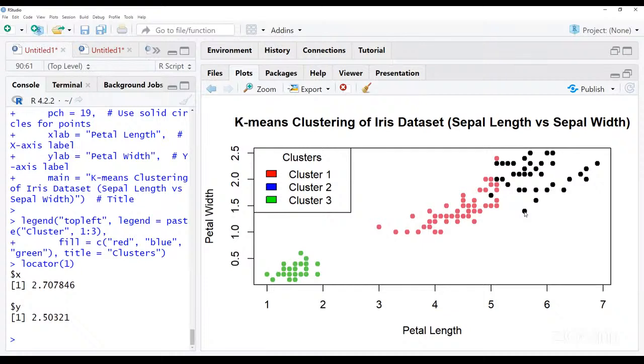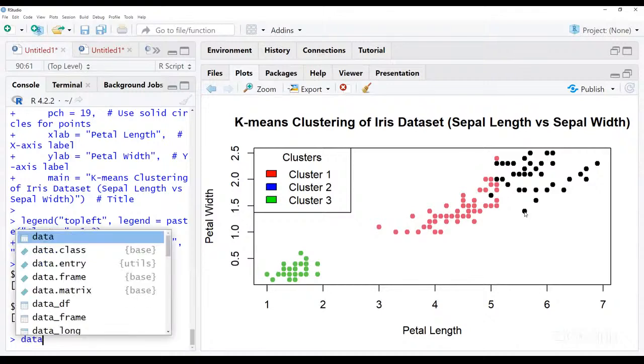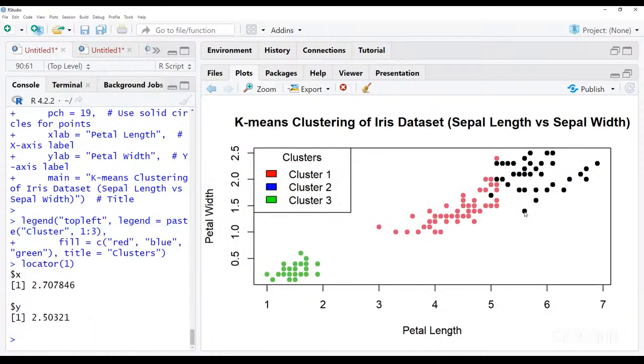Now, if you want to identify this individual, then you can write down the data, which is 3 in case of the petal length, and in case of the petal width, which will be more than 1.0. In this way, you can identify this particular individual.